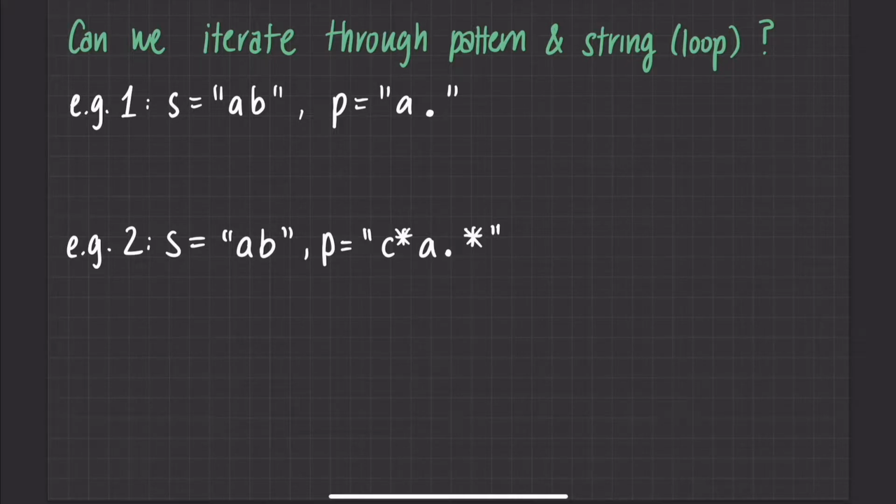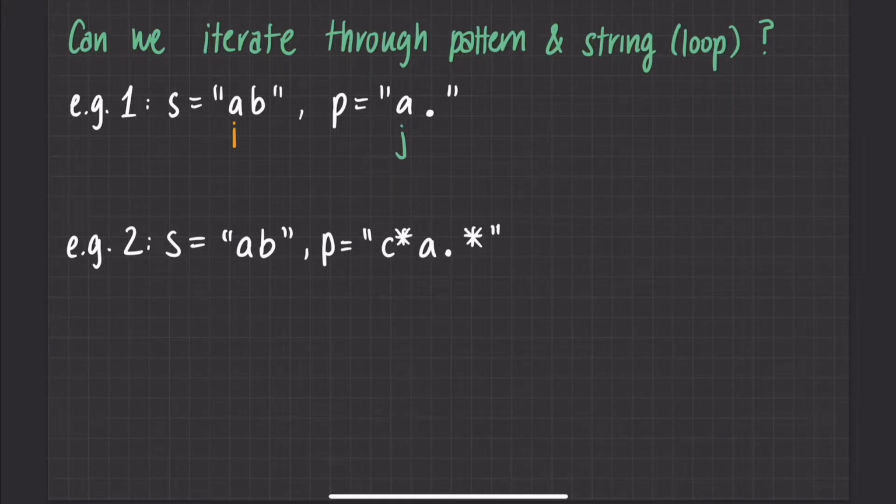So yes, my theory is correct, but only for certain cases. Let's declare some index I, representing where we are in S, and index J representing where we are in P. For something simple like example 1, it totally works.